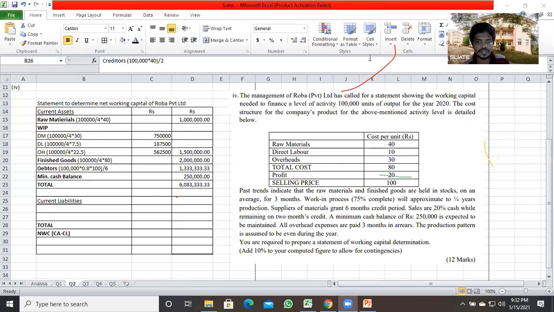Yes, divide by 12 and multiply by 6. Yes, you are correct. Or otherwise simply we can divide by 2. That's like this. So it's the answer. Yes, Niromi, you are correct.